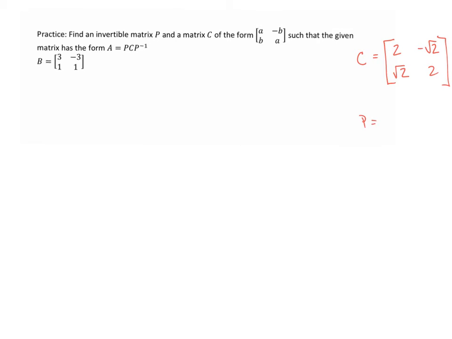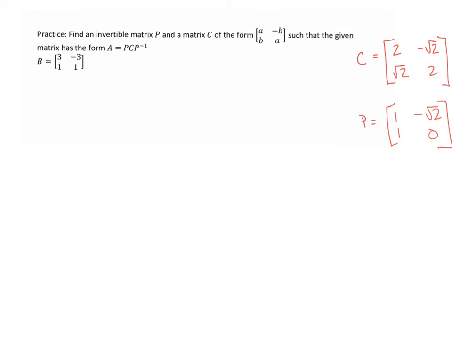And I got P as 1, -√2, 1, 0. So I'll go through how to get that, but if you got it yourself, then you can close out of this video. That's all I got for you.